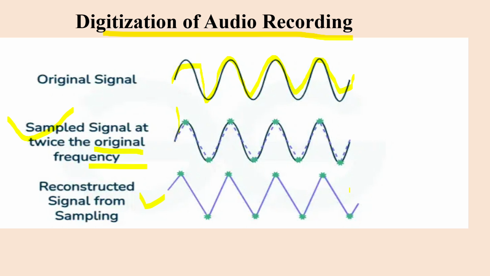Otherwise, if you sample at less than 2 times the actual signal, you cannot reconstruct the audio signal after digitization. If the sample frequency is more than 2, then you can get a better output. This is the output, a digital signal.